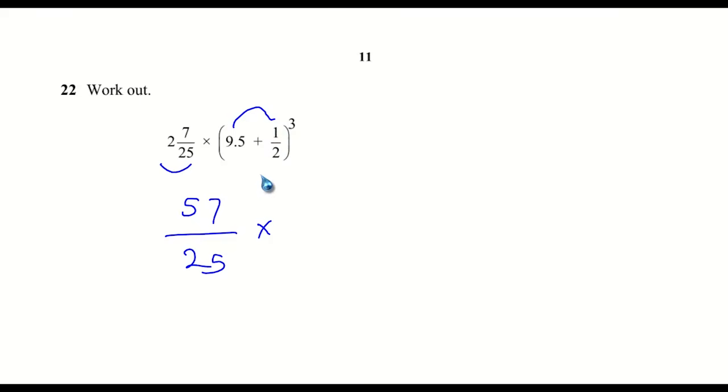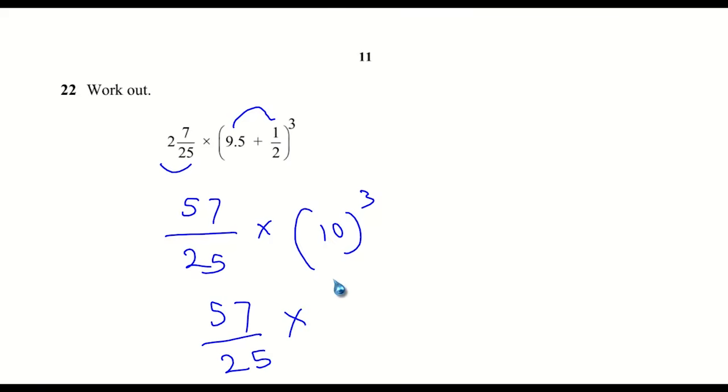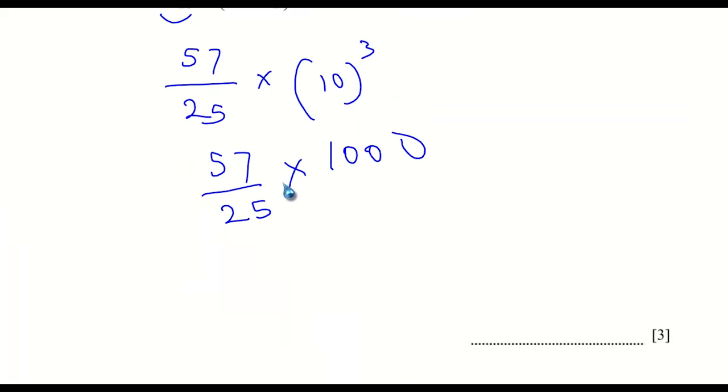Half is 0.5, so this will give us 10 to the power of 3, which is the same as 57 divided by 25 multiplied by 1000. If you simplify this, 25 goes into 25 once, because this one is like over 1, and 25 in 1000 goes 40 times. So you have 57 multiplied by 40.